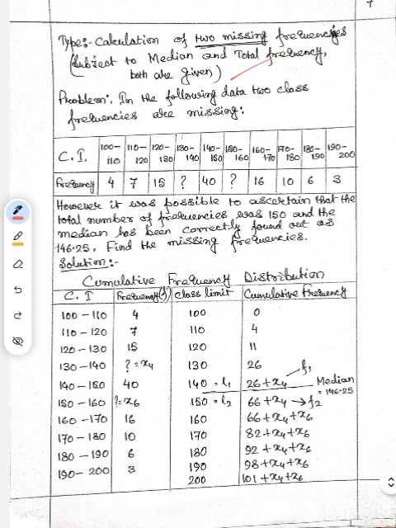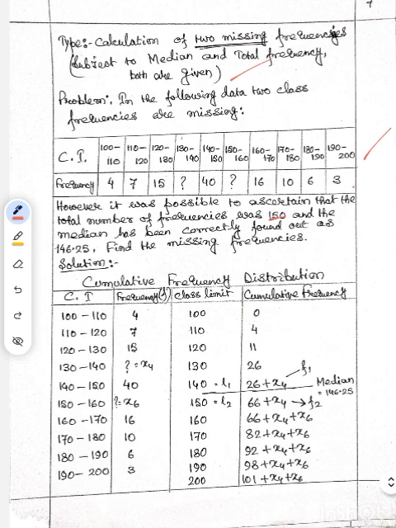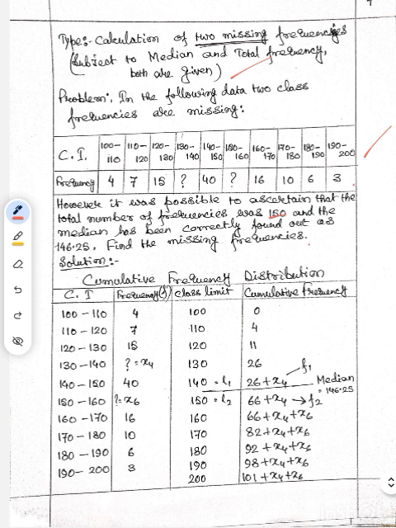The class intervals are given as 100 to 110 and so on up to 190 to 200, and frequencies 4, 7, 15, missing, 40, missing, 16, 10, 6 and 3. However, it is possible to ascertain that the total frequency was 150 and the median has been correctly found as 146.25. Find the missing frequencies.